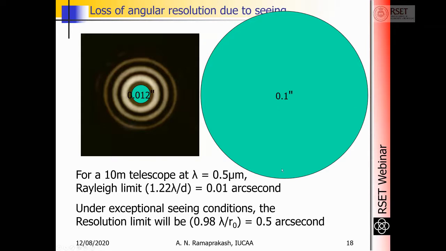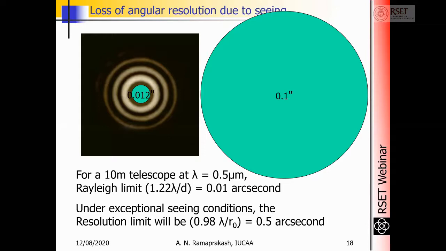I can't hold a 0.5 arc second diameter disk here, it is just too large. So 5 times this. That entire light gets spread over that large area, which means any fine structure on that object which is less than 0.5 arc seconds or so will not be seen by us because it's all smudged over. They overlap with each other and you won't be able to see.